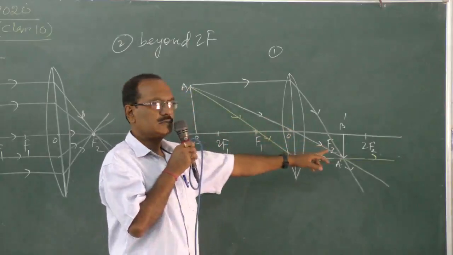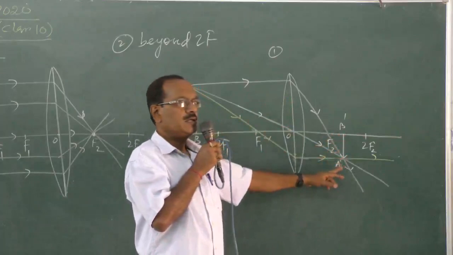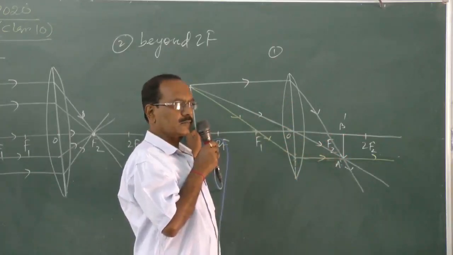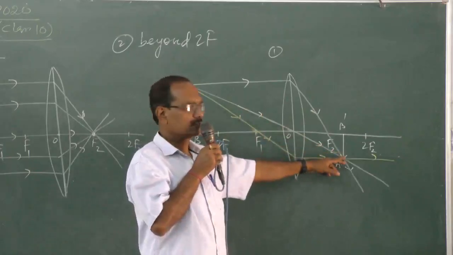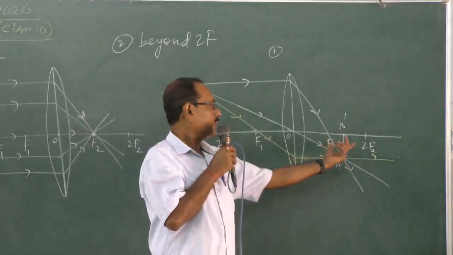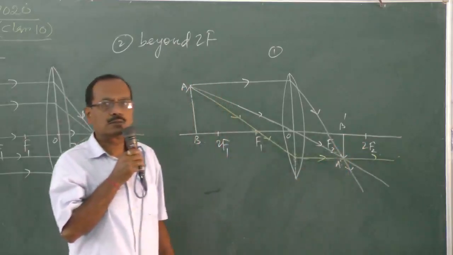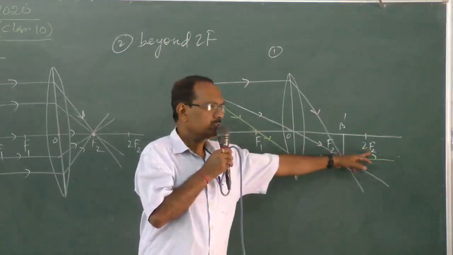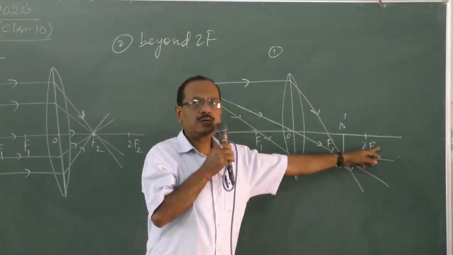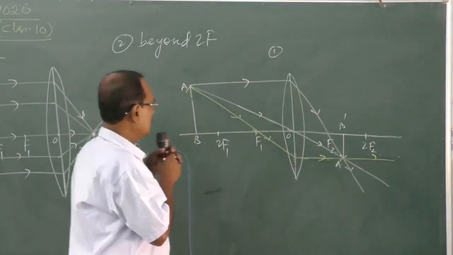Number three, the image is smaller than the object, or diminished. Number four, the image will form in between focus and center of curvature, or F and 2F, or F2 and 2F2. Is it?